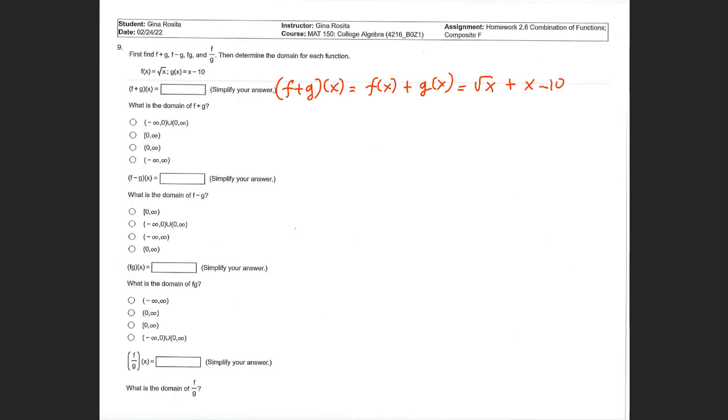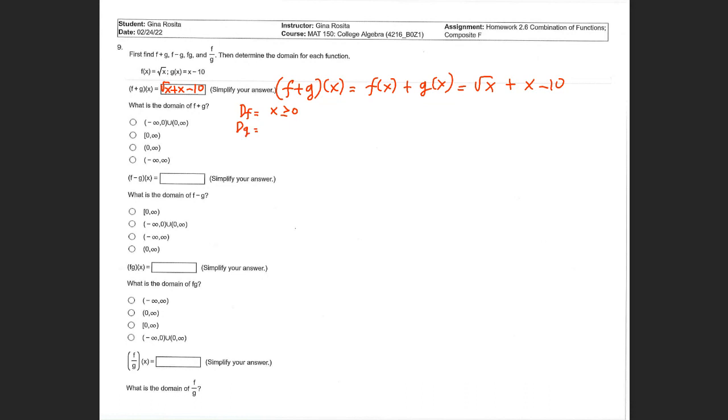That's the answer: square root of x plus x minus 10. Now what is the domain of f plus g? Remember, the domain of f, a square root, requires x to be greater than or equal to 0.